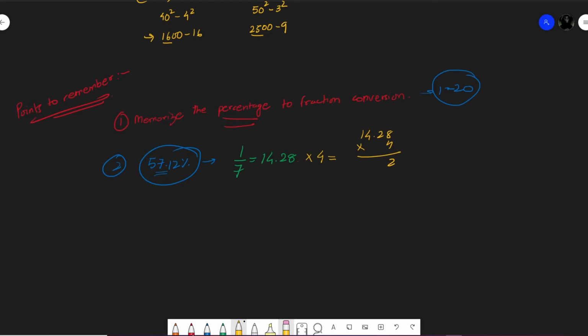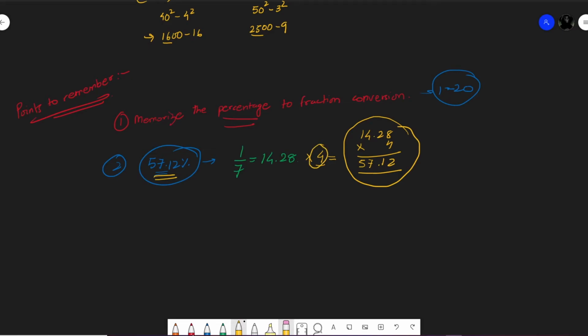It becomes 57.12, right? So 14.28 into 4 equals 57.12, and it is asked 57.12%.